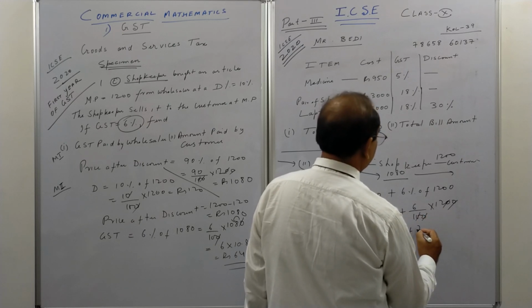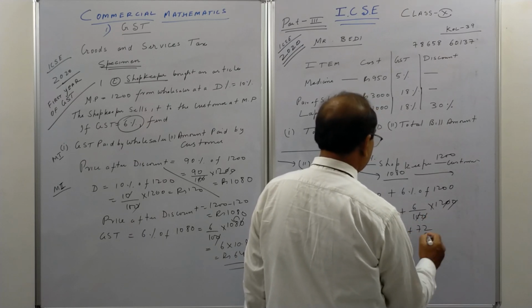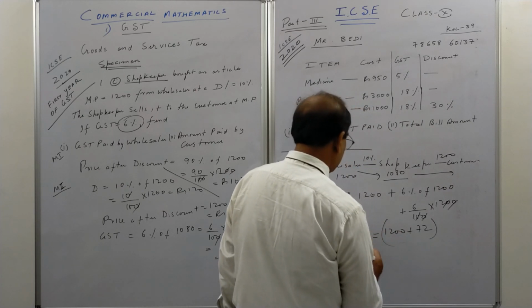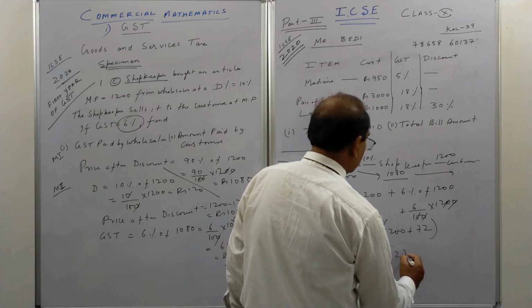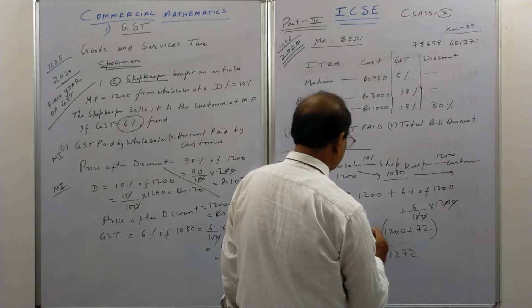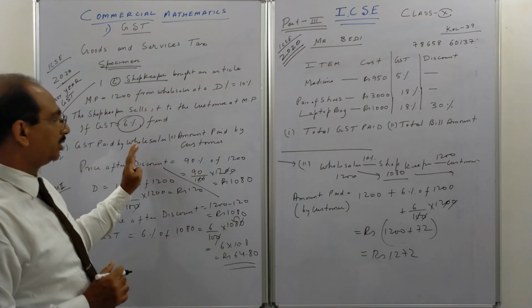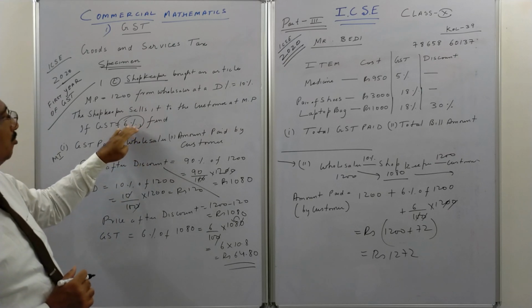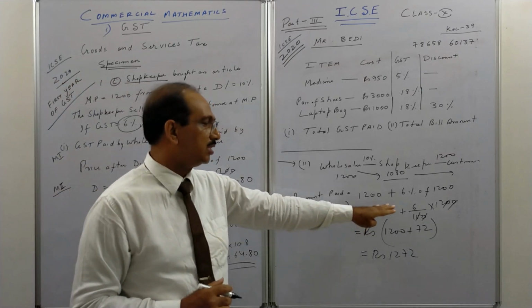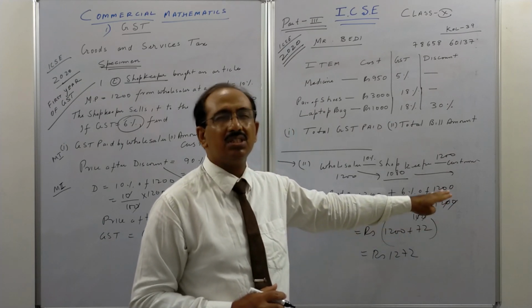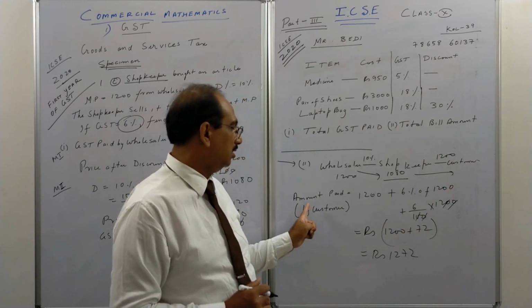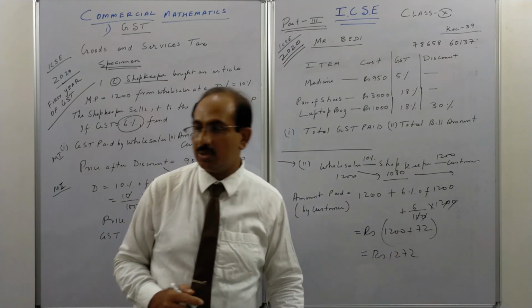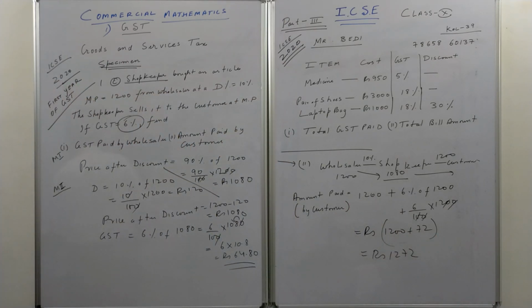Okay, 12 sixes are 72, and this is 1200. Once more, the customer pays 1200 and pays 6% GST on 1200. So you see, a simple application of percentage. 1200 plus 72, which is GST, he pays 1272.